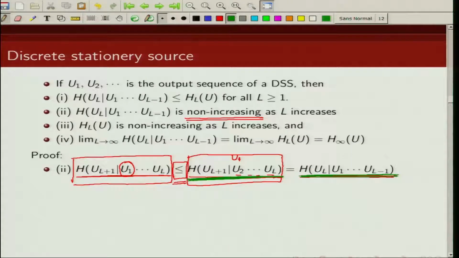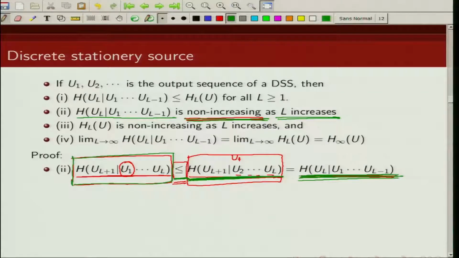Hence we have proved that the uncertainty in U_{L+1} given U_1, U_2, ..., U_L is less than or equal to the uncertainty in U_L given U_1, U_2, ..., U_{L-1}. So we have proved that as L increases, this term is non-increasing.